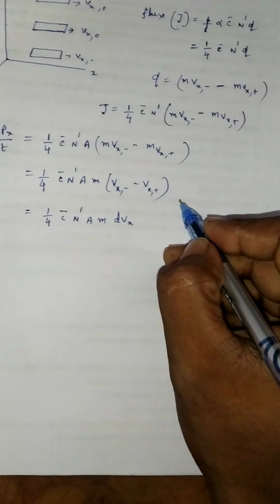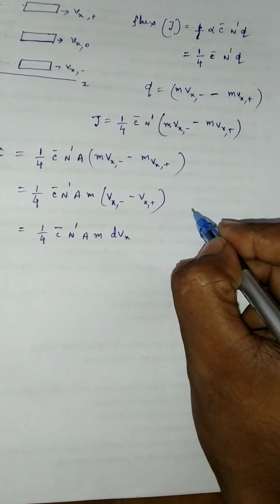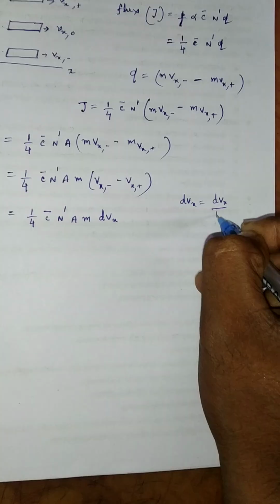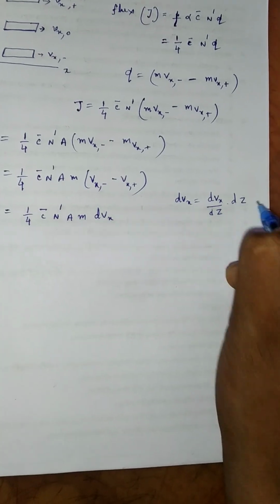Now we can write dVx as dVx by dz times dz.